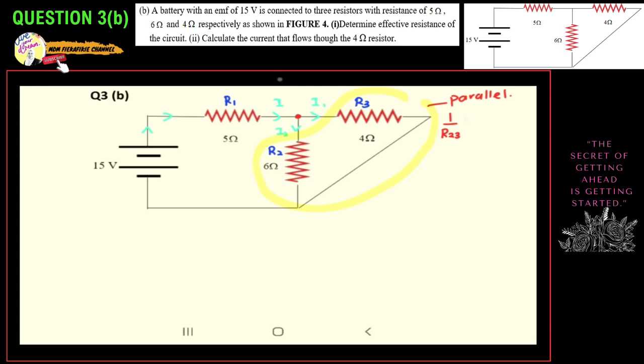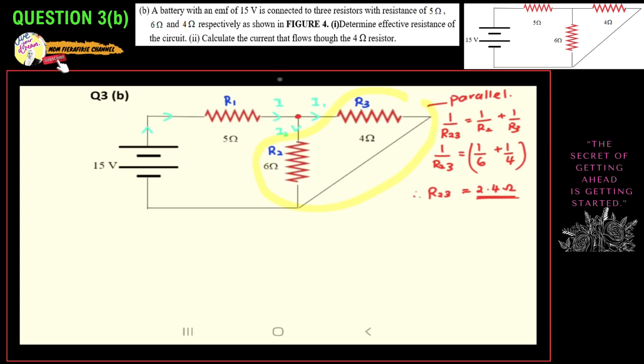Since they are parallel, 1 over R23 is equal to 1 over R2 plus 1 over R3. Let's substitute. Remember, this is 1 over R23, not R23. So when you've added 1 over 6 plus 1 over 4, invert it. Therefore, R23 is equal to 2.4 ohm. Don't make small mistakes like this. After adding 1 over 6 plus 1 over 4, don't say that is the value of R23. Actually that is the value of 1 over R23. Calculate carefully.